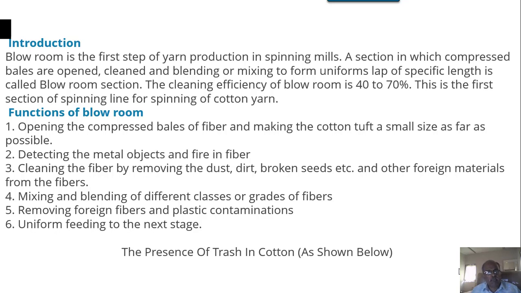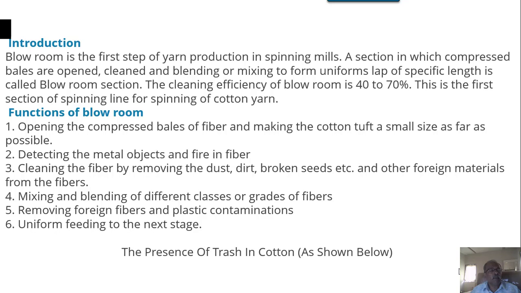So mixing is first priority, thorough mixture of whatever number of components we discussed just now, how many components are going to be there in that blend, and then mix them thoroughly, then open them up, and then perform a certain degree of cleaning. As I have mentioned here, 40 to 70% cleaning is accomplished in the blow room line. So these are the objectives of blow room.